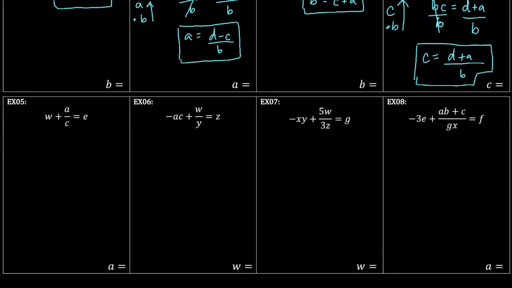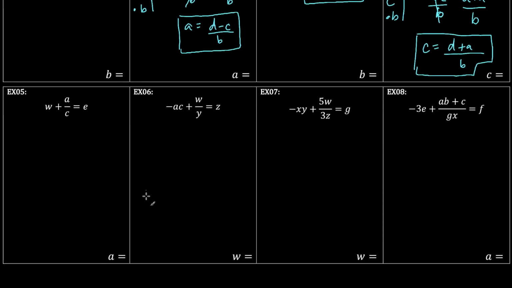Four more to go. So a equals, remember, let's box our terms first. I boxed my two terms. Now I'm going to get rid of anything that doesn't touch what I want. A is in this term, so I'm going to get rid of this term, minus w.